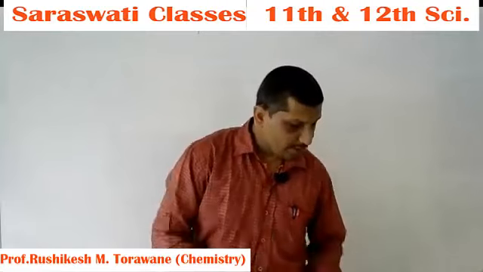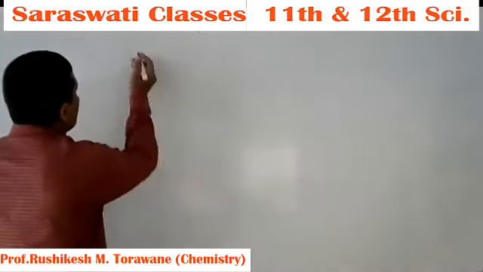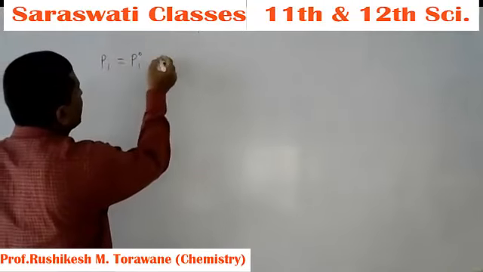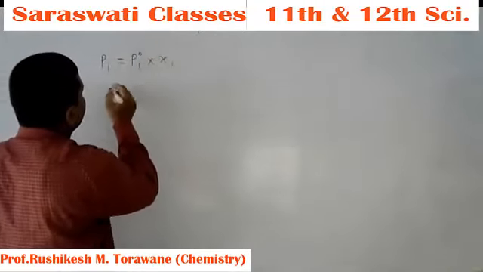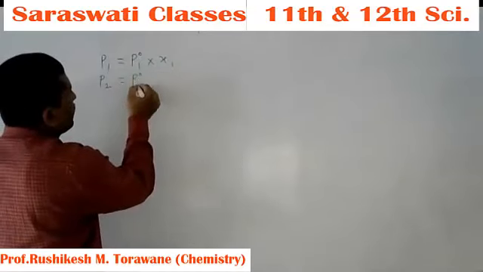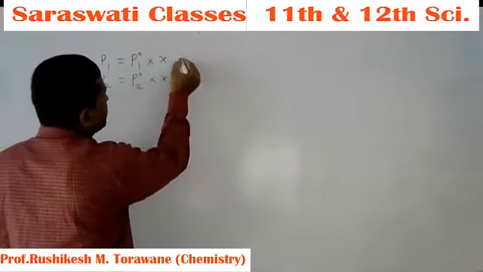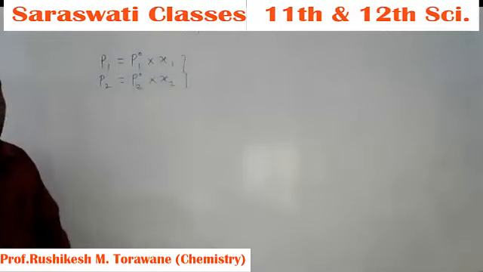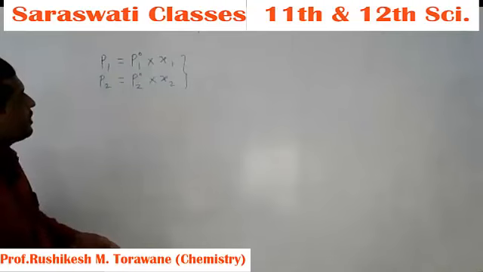The partial vapor pressure of P1 is equal to P01 into X1, and P2 is equal to P02 into X2. These equations you can understand very easily.